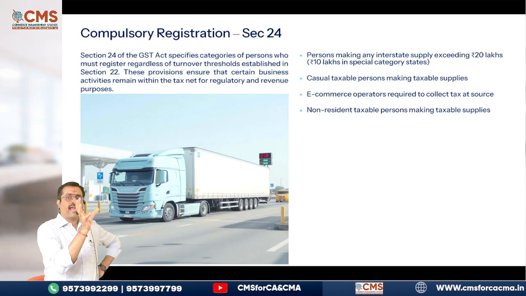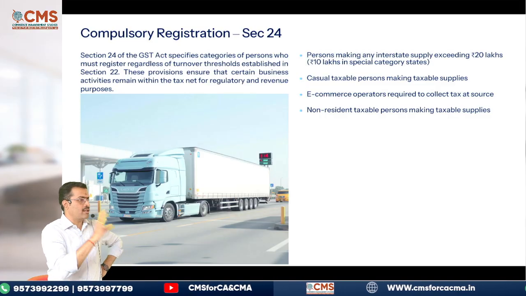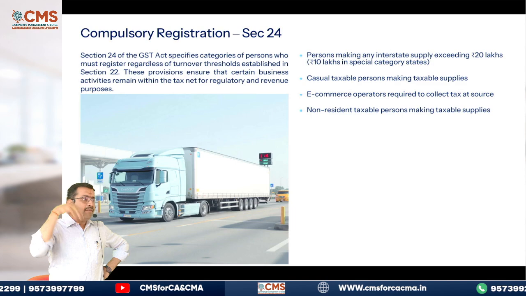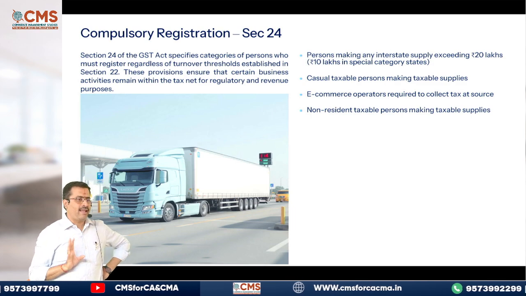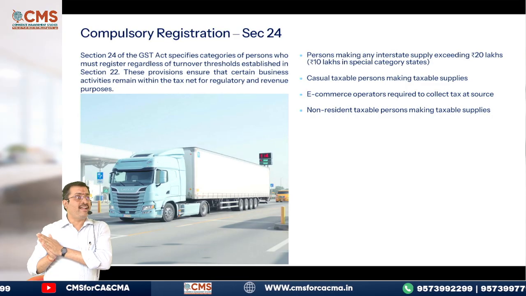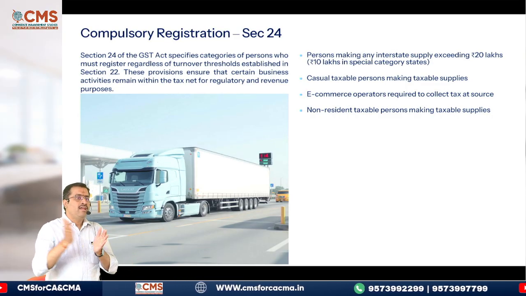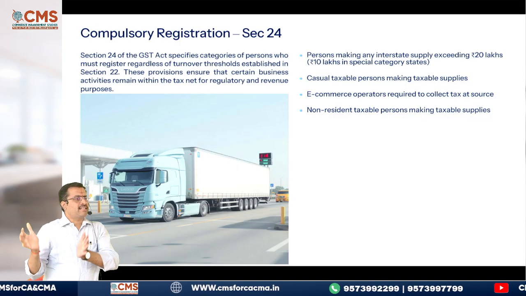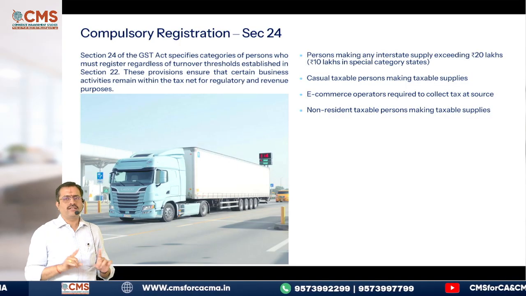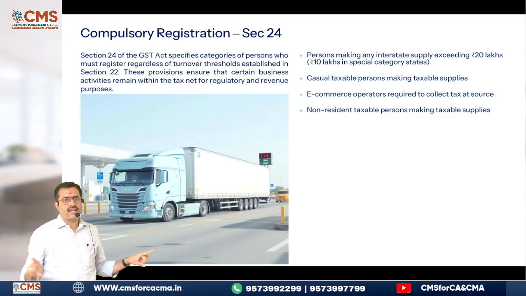And whatever tax they deposited will go and sit in the electronic cash ledger, not in the credit ledger. Now the amount sitting in the cash ledger can be utilized to pay any tax. If they want additional number of days more than 90 days, they have to make an application once again seeking extension. For that extended period, again they have to pay the tax in advance. These are the points in section 27. When I come to 27, it will become easy. Once again, I will not explain.